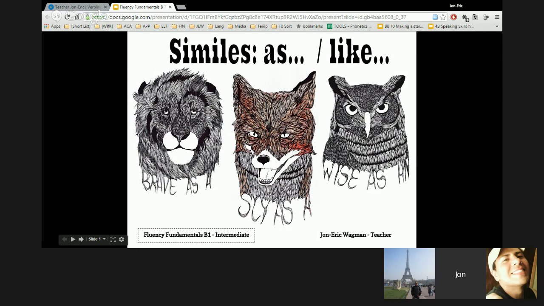So today we're going to learn lots of vocabulary to compare and to describe. We're going to use specifically similes. And before you came into class, Giancarlo identified three similes: brave as a lion, sly as a fox, wise as an owl.